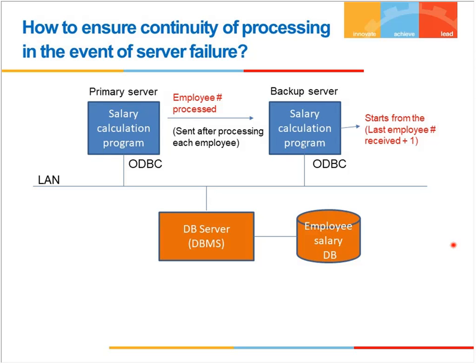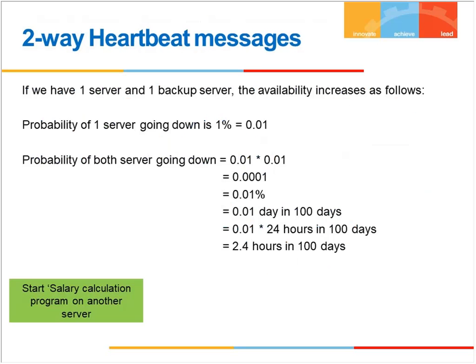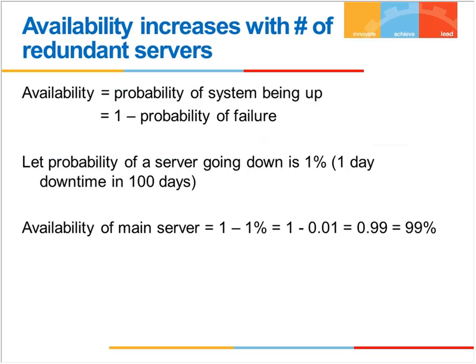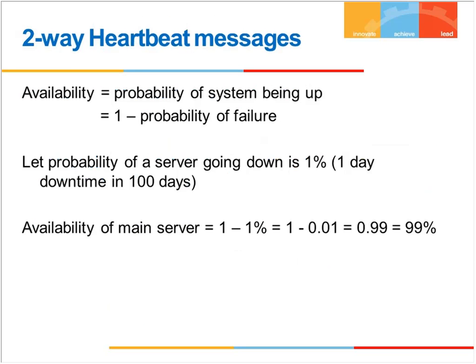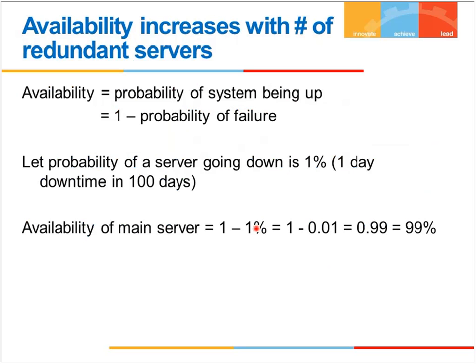Okay, fine. So let's go ahead with this session on other things. I was telling you, how do you calculate the availability of a system? If there is only one server, its availability is nothing but the probability of the system being up. That is 1 minus the probability of failure.